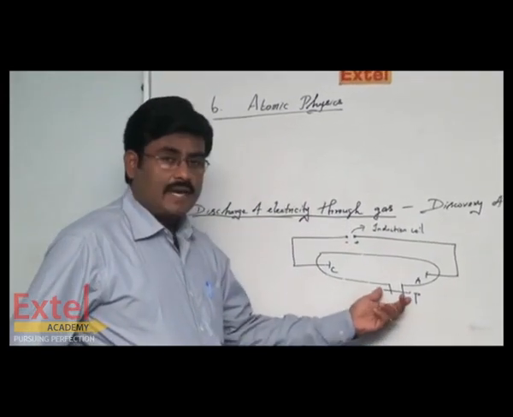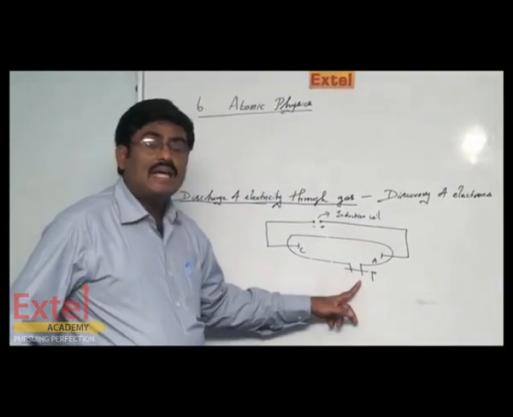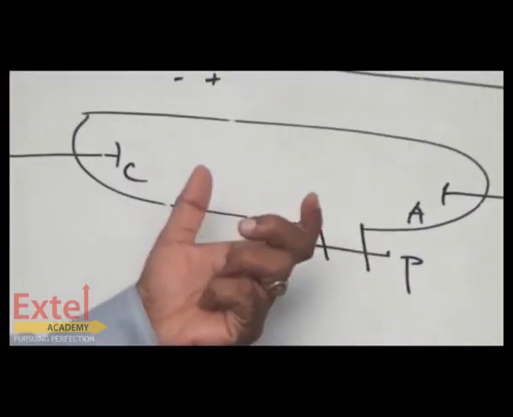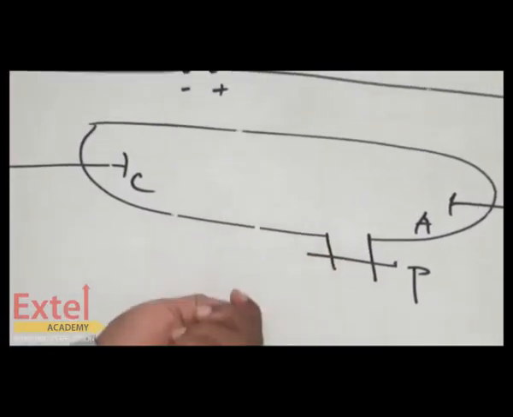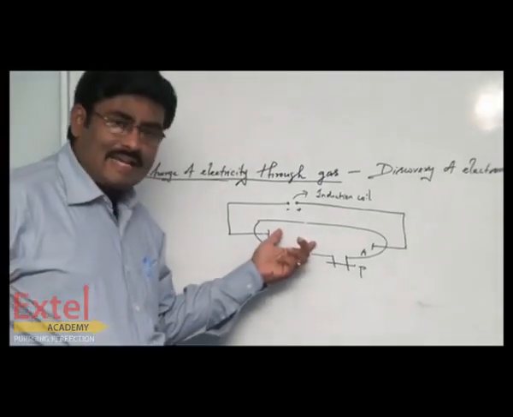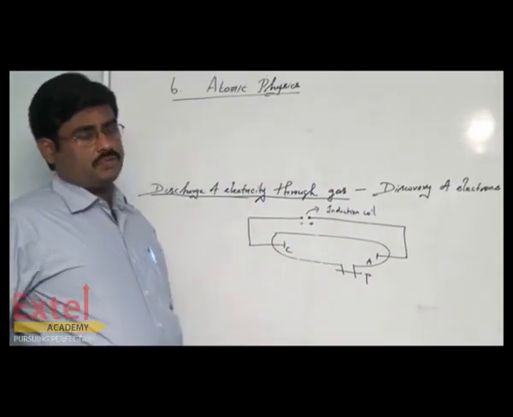Also, this strong discharge tube is fitted with a high evacuation pump with a gauge meter. With the gauge meter, which is not shown in the diagram, we can measure the pressure of the gas enclosed within the discharge tube.